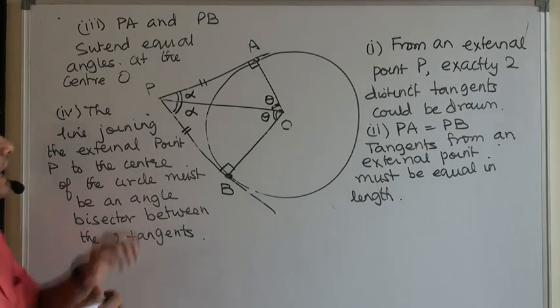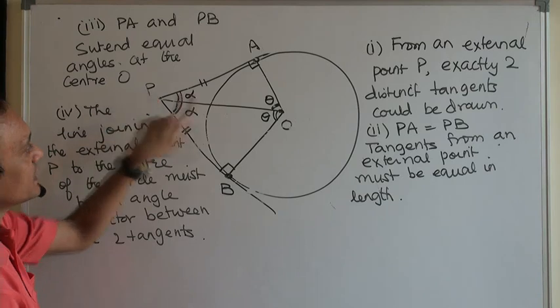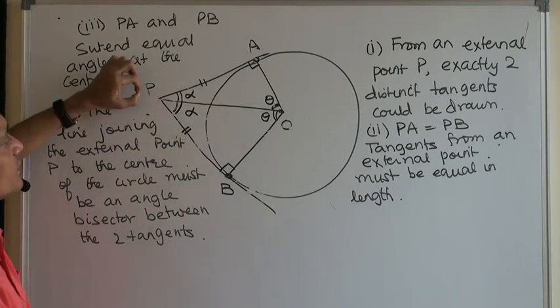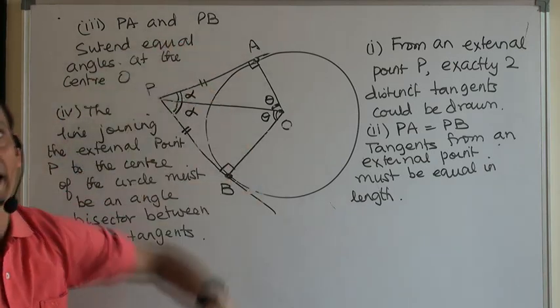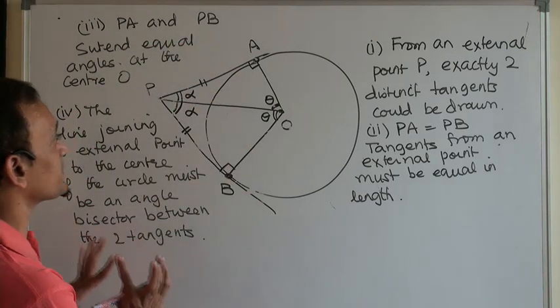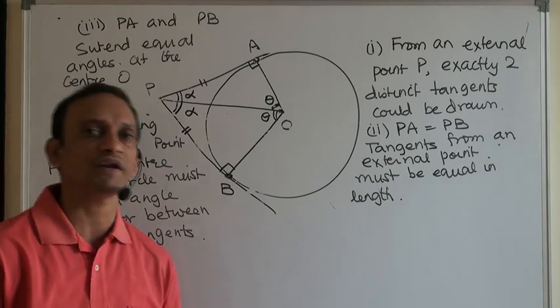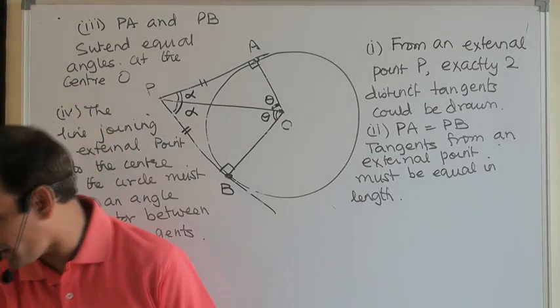Right? The line joining the center to an external point will certainly be an angle bisector between the tangents PA and PB. So now these are some properties that you must bear in mind, and you're ready to use these properties as and when required.